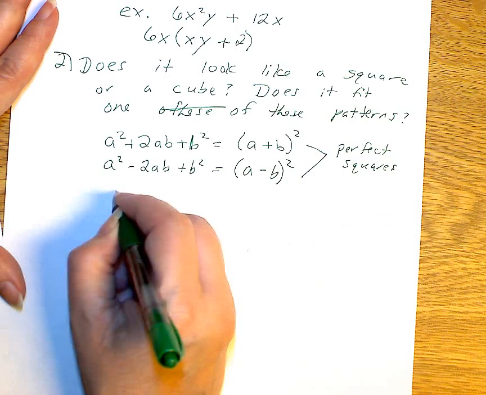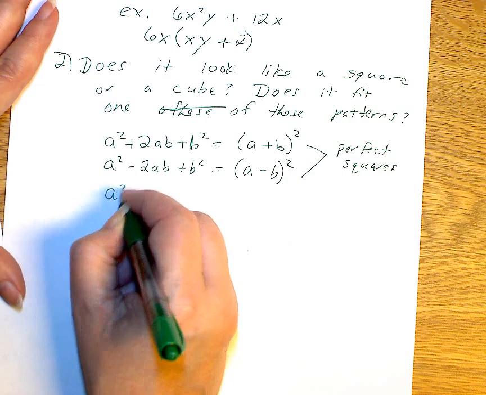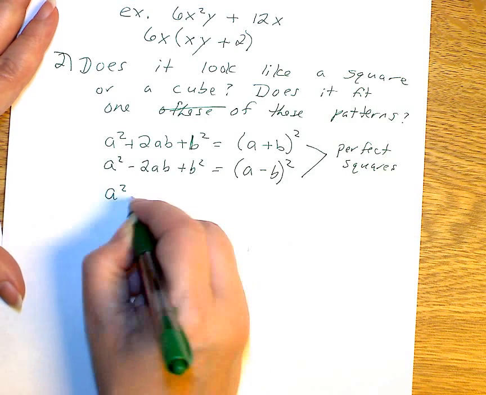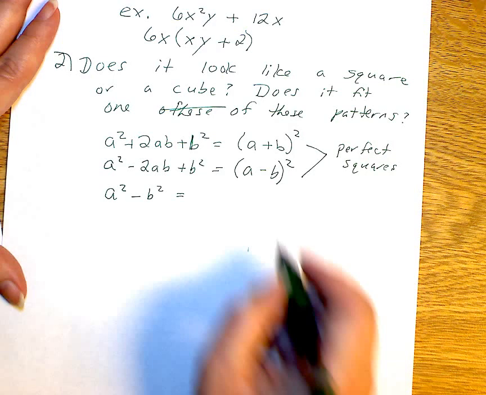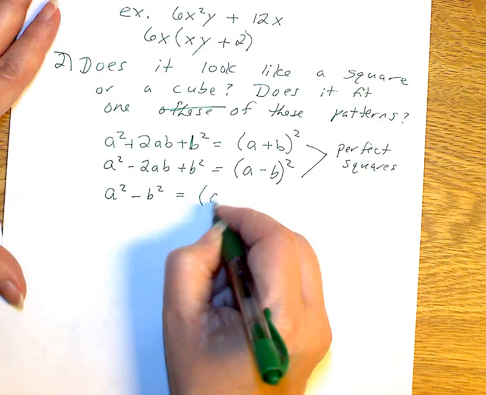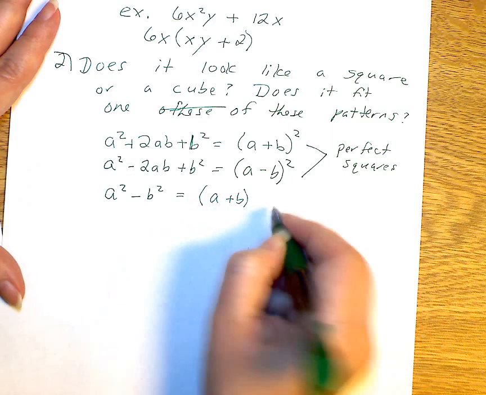Another one we have is a squared minus b squared. If you had a squared minus b squared, that factors into a plus b and a minus b.